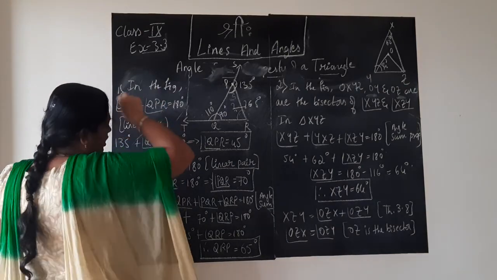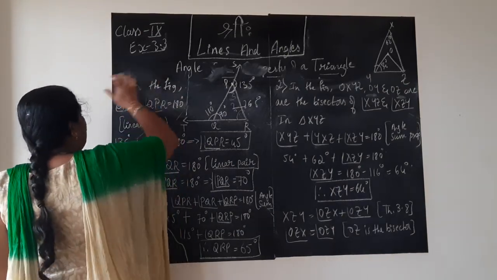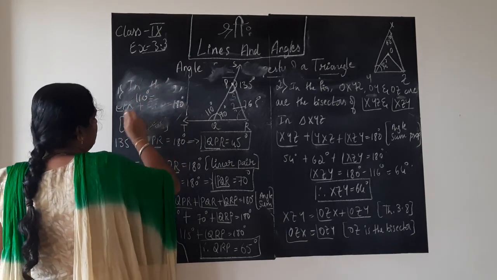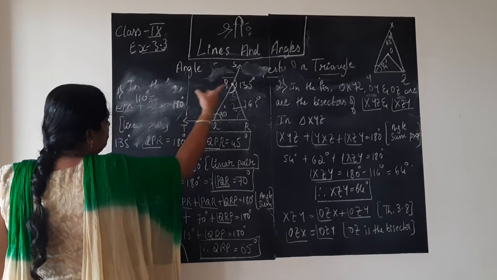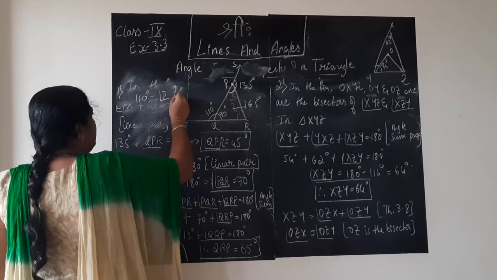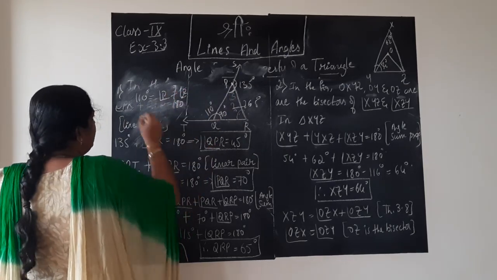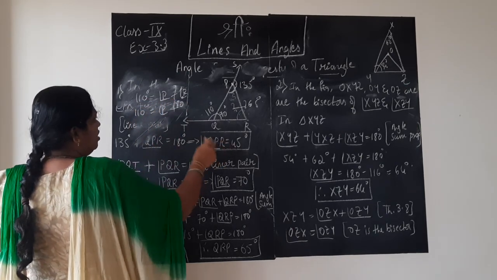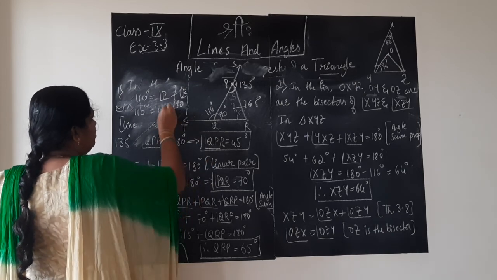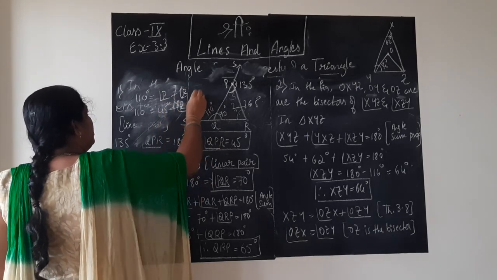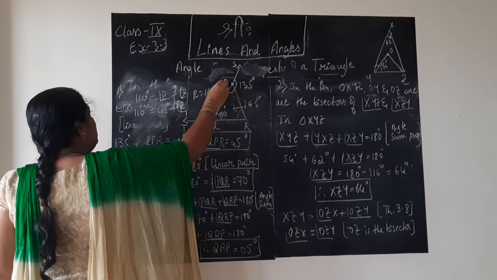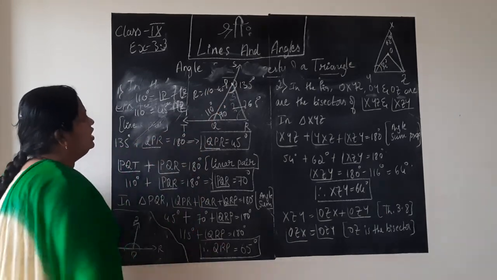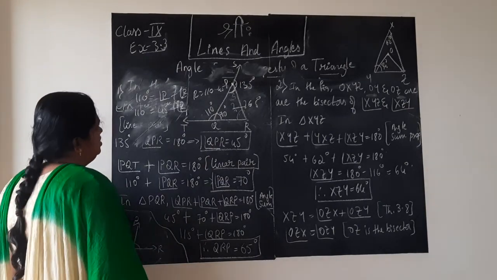Using that, children, I will simply clean this part of the board. 110 degrees exterior angle is equal to the sum of interior, means angle P plus angle R. Here we find out angle P is 45 degrees, plus angle R. What is angle R? 110 minus 45. How much is 110 minus 45? Don't we get 65? Yes, children.